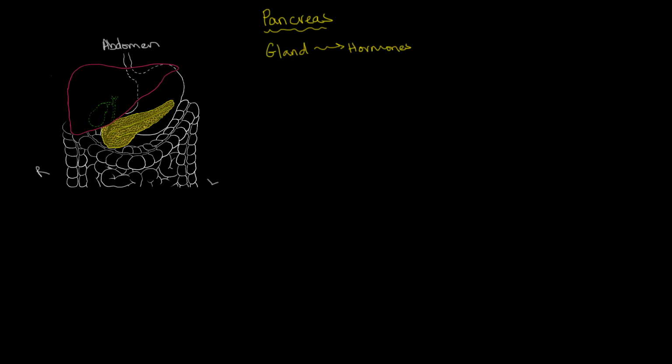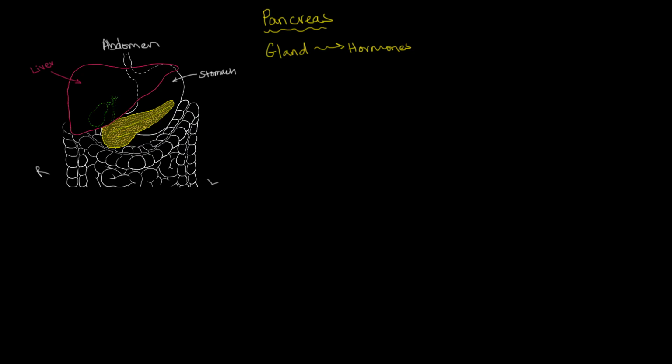And so in the right upper quadrant of the patient's abdomen, this is the liver here in red. And so you can see the liver is quite large and it covers the other organs. So underneath organs are in dotted lines. In white here, this is the stomach.